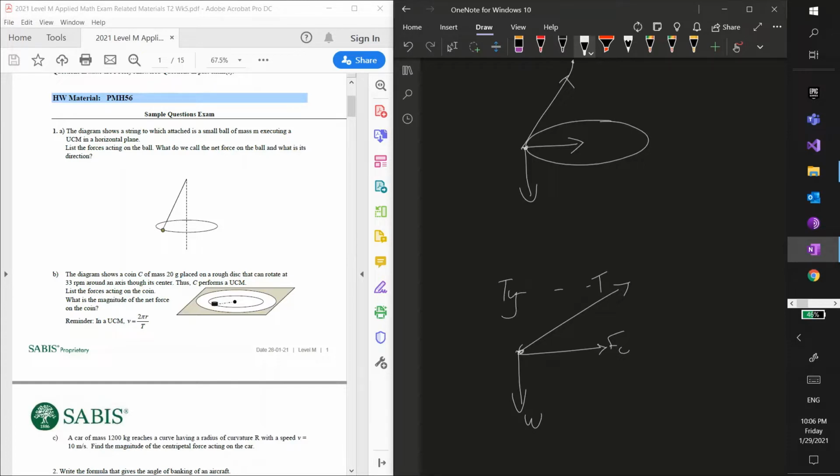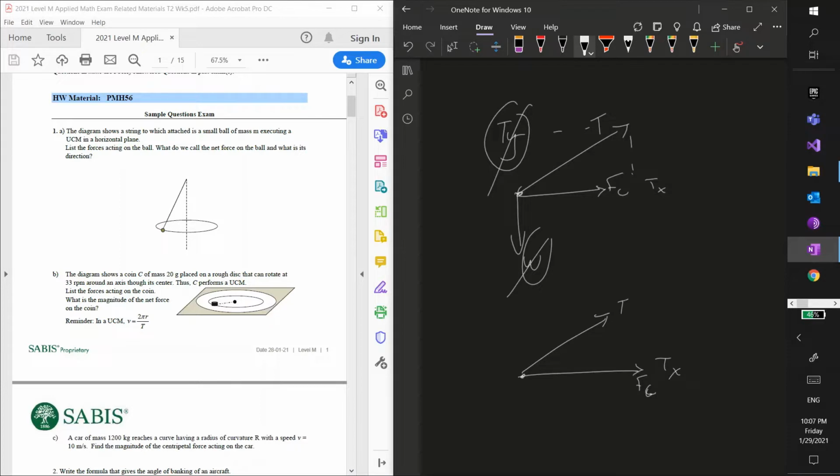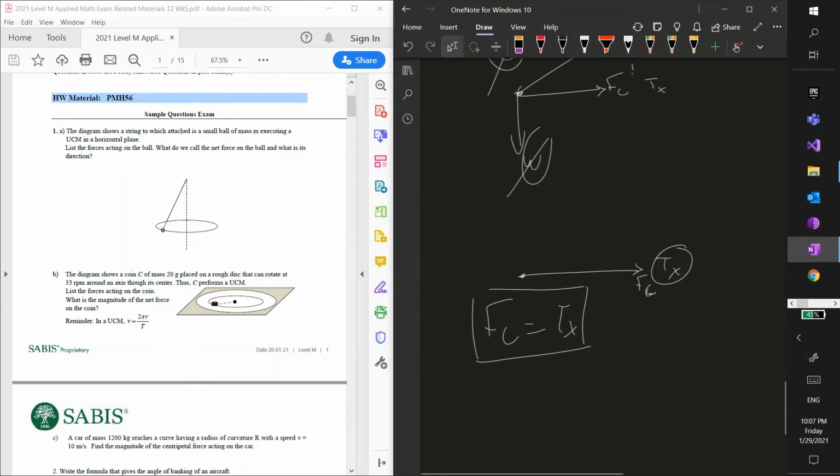So you have your tension on the y-axis, and then you have your tension on the x-axis. Tension on the y-axis cancels with the weight since it's not moving on the vertical. So the only force you have right now is your centripetal force. And your centripetal force turns out to be your tension on the x-axis. So Fc is equal to tension on the x-axis. That's the only force acting on it. The rest cancel out technically, you know?